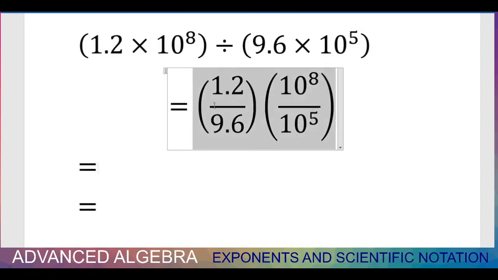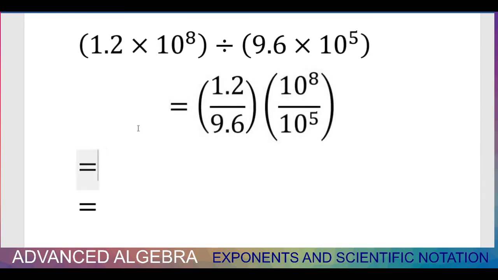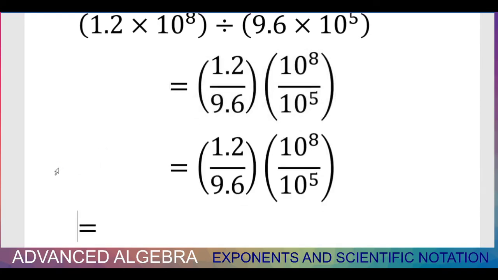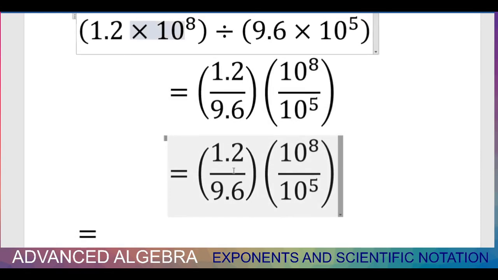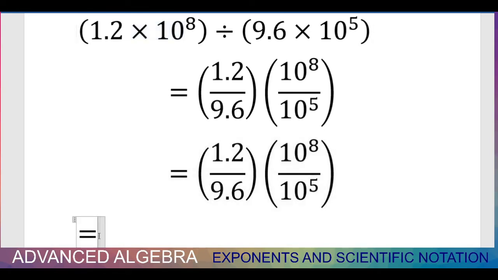Next. Gawin natin, divide na natin siya. Compare lang natin siya. So, 1.2 divided by 9.6, anong sagot? Sagot ay 0.125. Tama? Tapos, multiply natin.